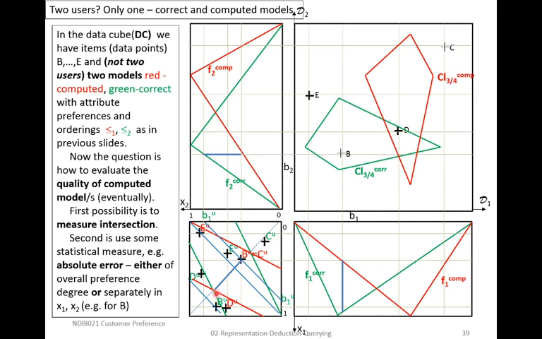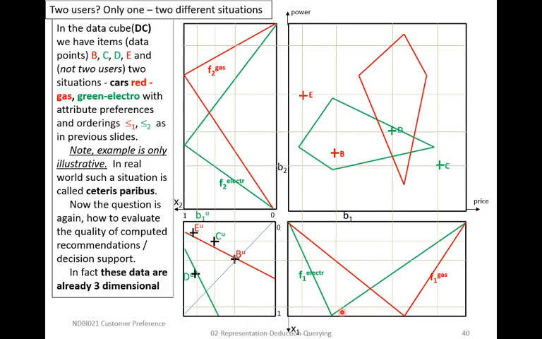And now we can, for instance, calculate errors of these estimations, and we can calculate them both in the preference cube or in these attribute variables. So again here is a depiction, again the same image, green and red attribute preferences and contour lines, but now we can think about this as two groups of cars.